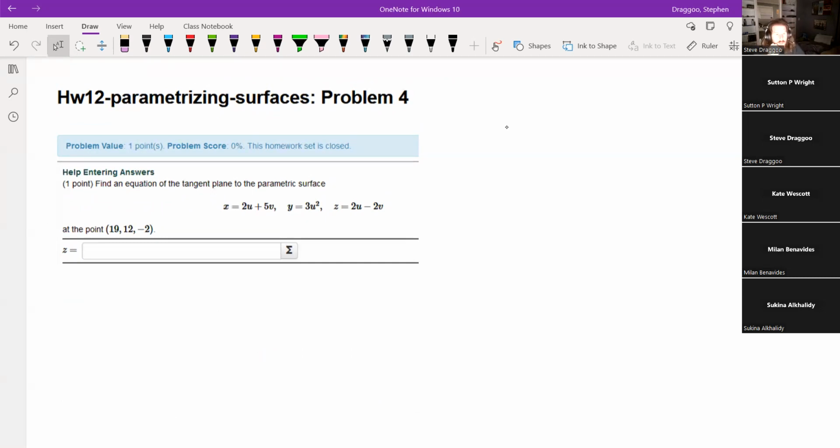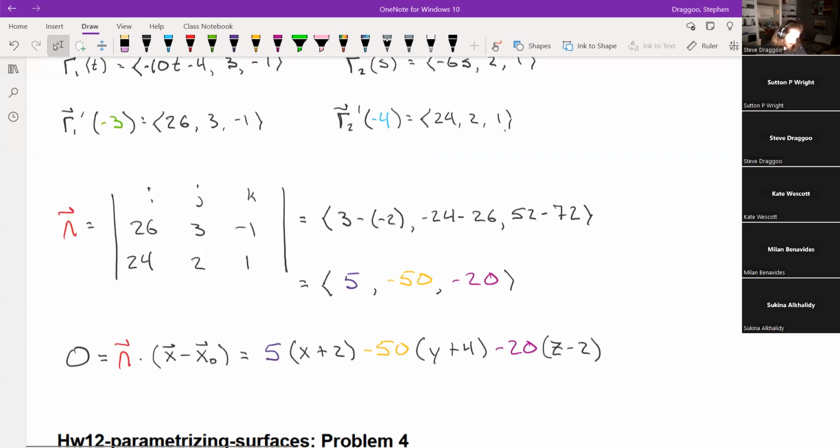Okay, another question. Sometimes I've noticed on web work which curve I put on top during the cross product matters. What is a good way of determining what goes on top, or does it not matter? It does not matter. It will change the answer, but it does not matter. So let's talk about that real quick.